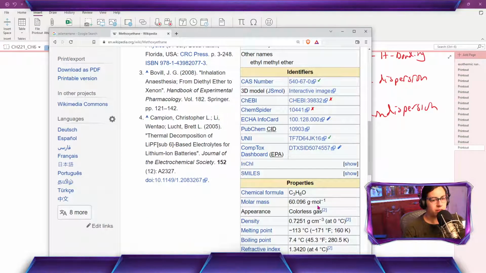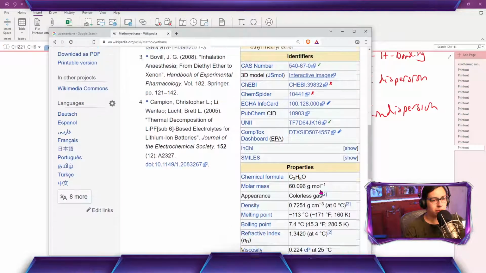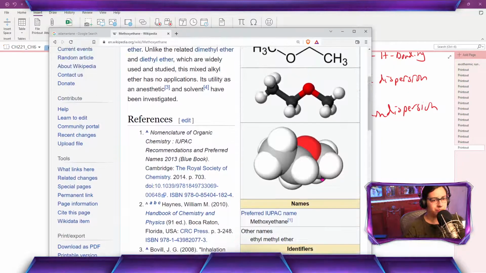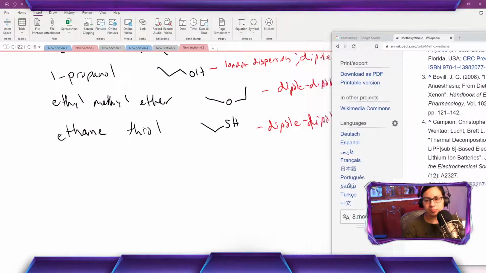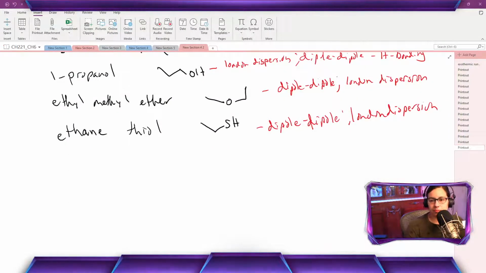And so the mass of ethyl methyl ether, just making sure it's the right one, is 60 grams per mole. Let's try to check that for ethane thiol.